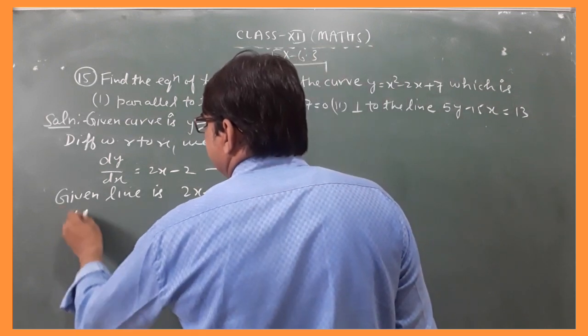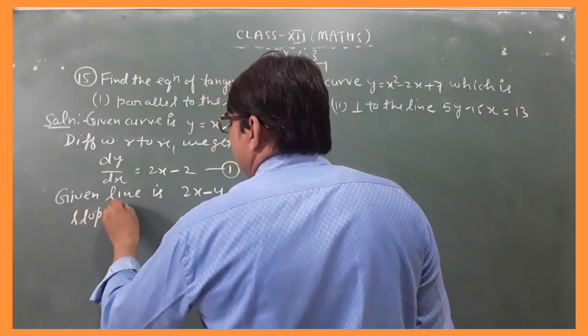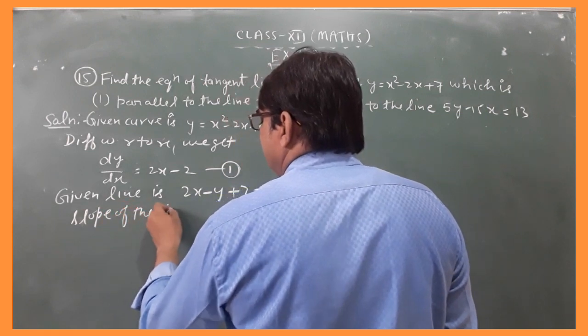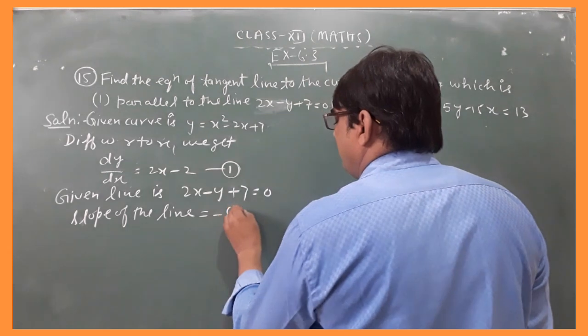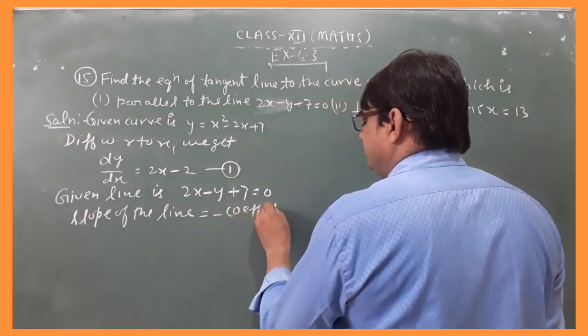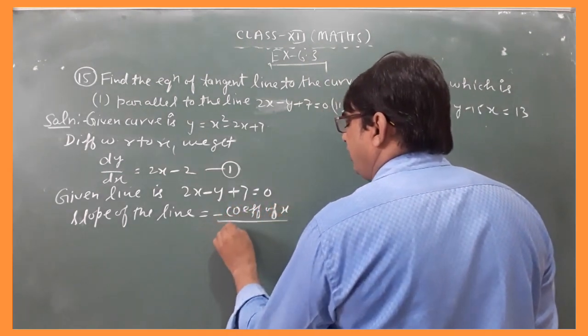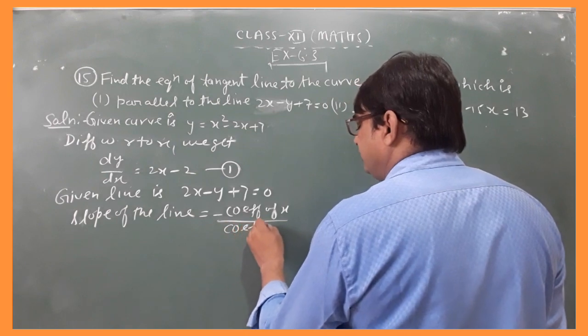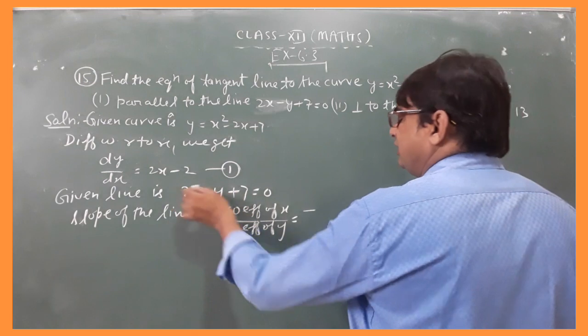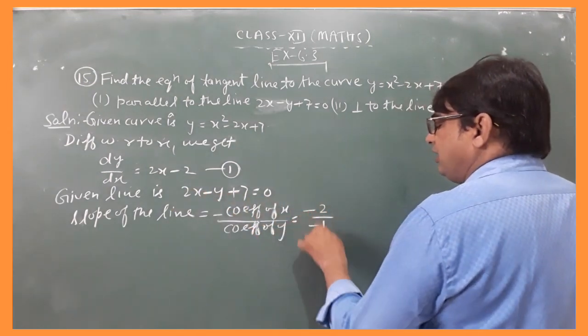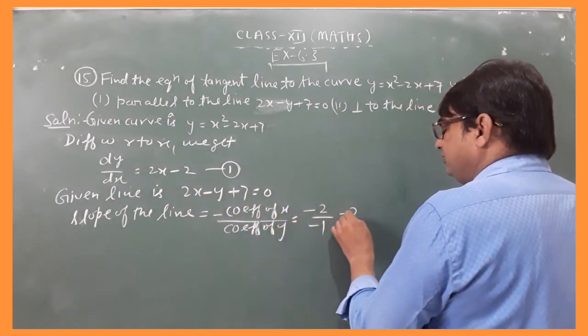Slope of the line is equal to minus coefficient of x upon coefficient of y. Coefficient of x is 2 and of y is minus 1. So this is 2.